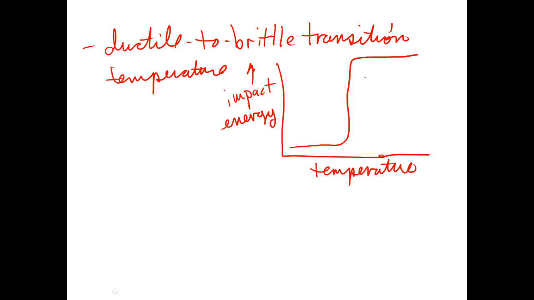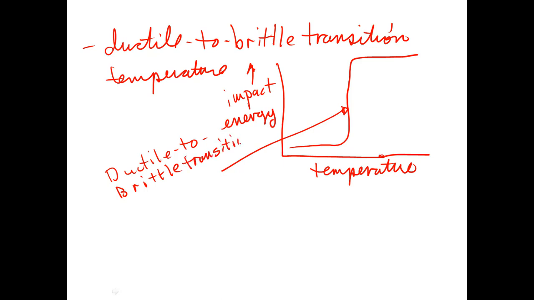So in the extreme case, we'd say that the ductile to brittle transition temperature is here, where it's essentially an S-type curve.